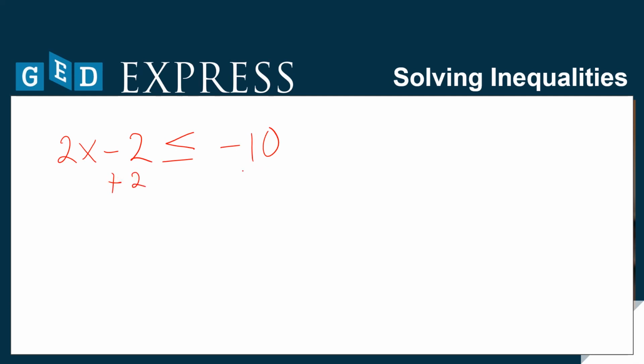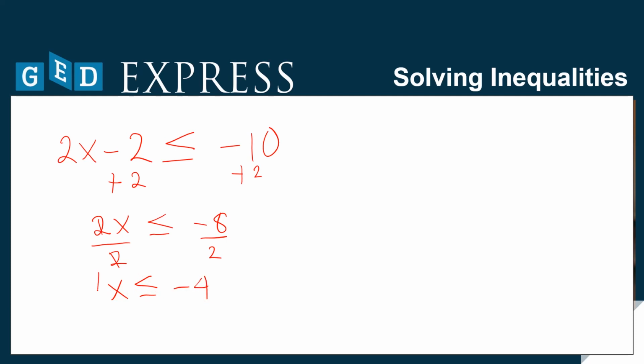Plus 2 and plus 2 here. Then we have 2x is less than or equal to minus 8. Now, to undo the multiplication, we need to divide both sides by 2. So 2 divided by 2 is 1x, or x is less than or equal to minus 4.